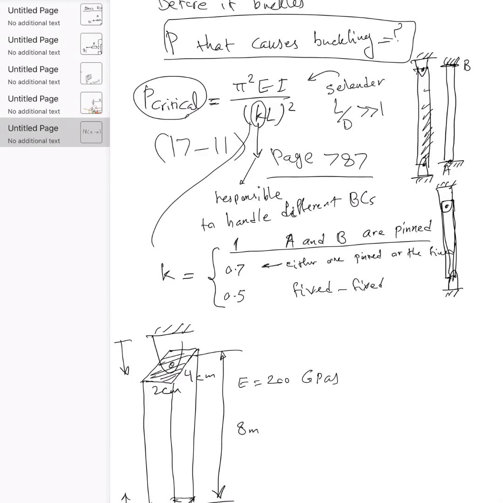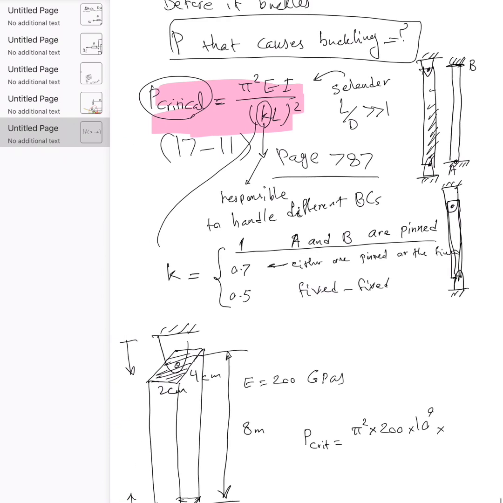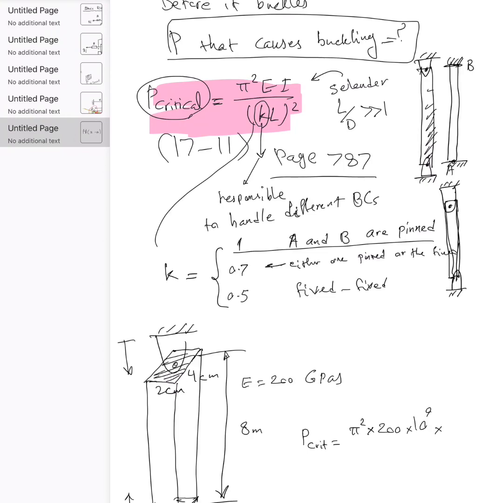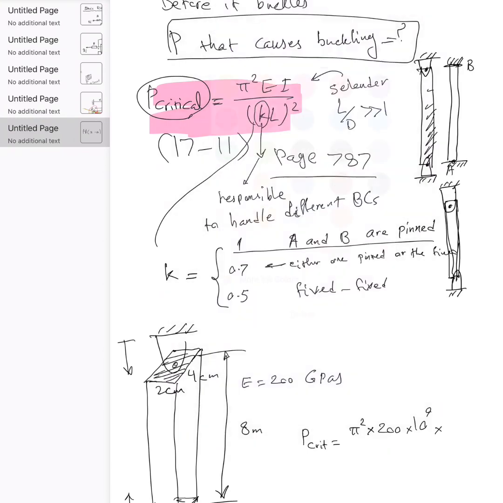Well, I use this equation that I just highlighted. So I say P critical is equal to pi squared times E, 200 times 10 to the 9, times I. For I, you have two axes. Let me show the two axes that we have here. One axis is like that, and one axis is like that.